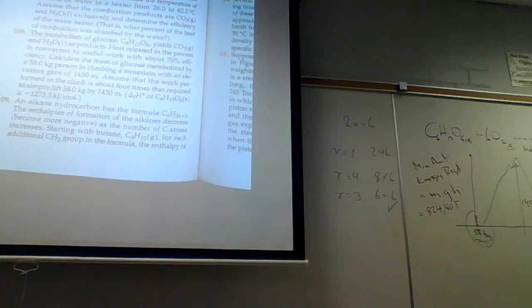All right, and then here, we're going to say, okay, there's negative 2802.5. Oops. I need to flip this. For every mole of glucose, C6H12O6, there's negative 2802.5 kilojoules. And then I want to know how many grams. And so glucose, I know the molar mass of that is 180.18 grams per mole.